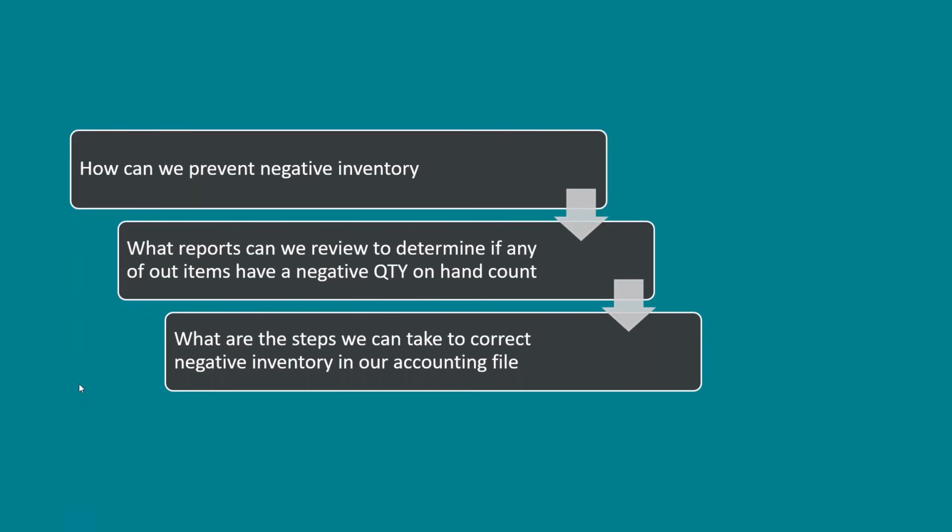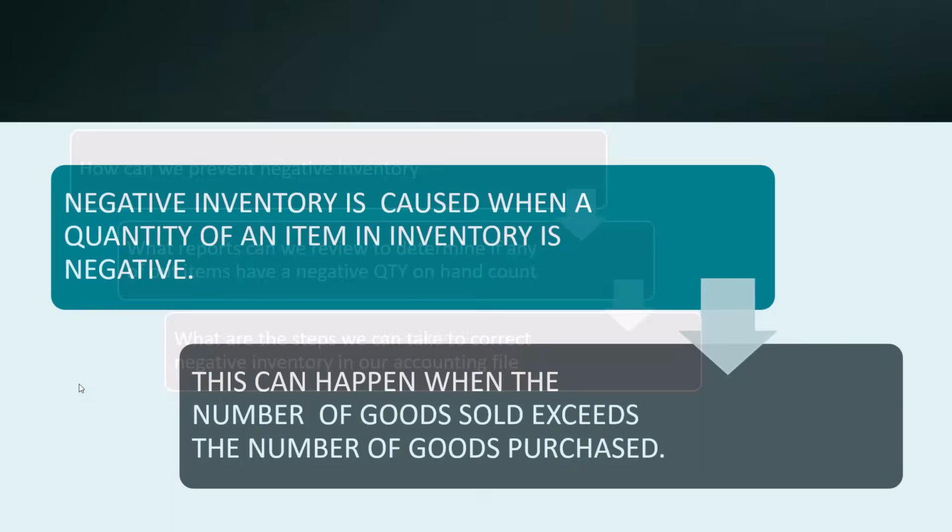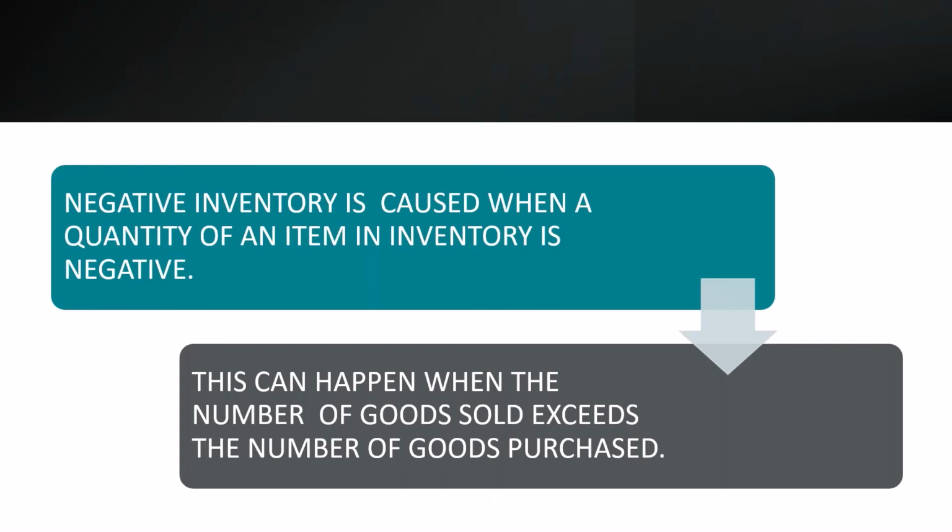Okay, so let's first talk about, like I said, what is negative inventory? Negative inventory is caused when the quantity of an item in inventory is negative. How this happens is we sell more goods than we've purchased, so the quantity on hand exceeds the quantity that has been purchased.